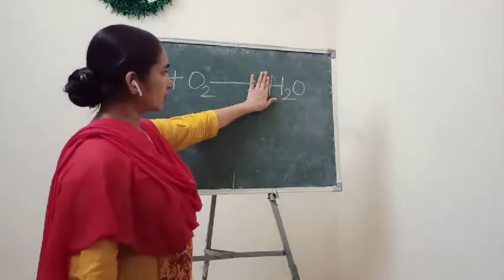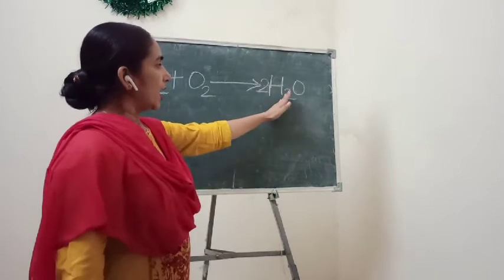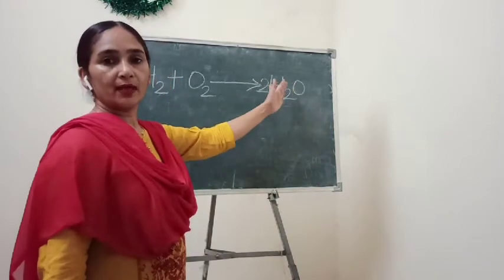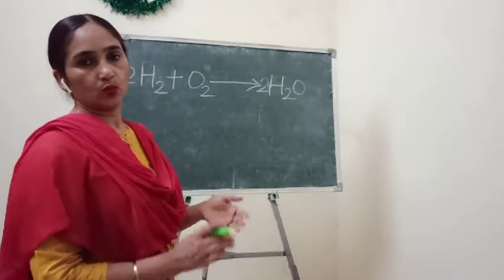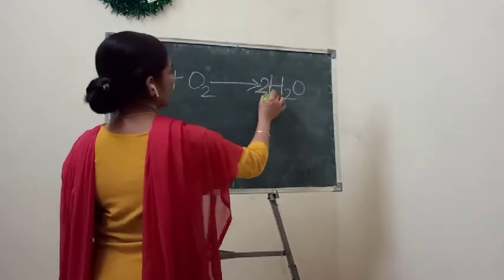This is also water, but if we write 2 here, that means how many molecules of water are there? 2. It denotes the total molecules of water.